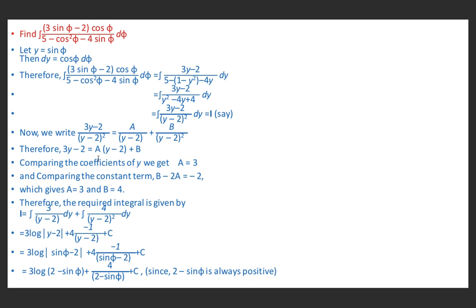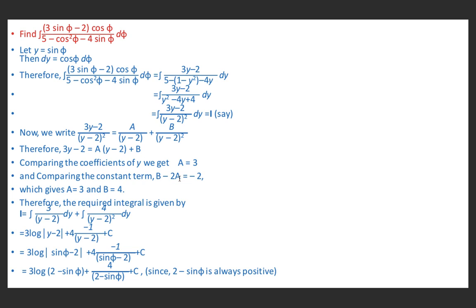If you compare the coefficient of y on both sides to get the value of a, here the coefficient of y is 3. Here the coefficient of y is a. Here we don't have y term. So a equal to 3. Now the constant term. Here the constant term is minus 2. Here the constant term is minus 2 into a, and b.